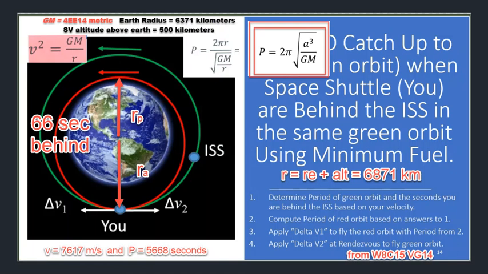Then once you have those velocities, you simply subtract from the velocity of the green orbit, and that would give you the delta V that you needed to apply. Delta V1 to get into the red elliptical orbit, and then delta V2 to get back into the green orbit after you rendezvous with the ISS.